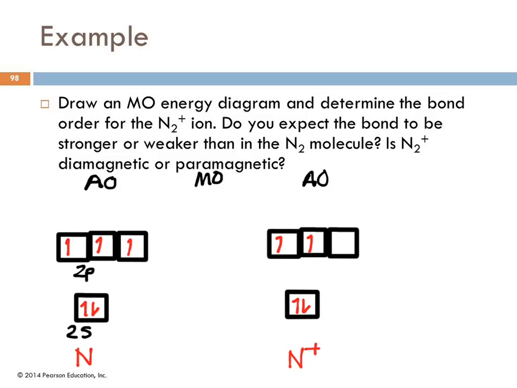So when the s orbitals overlap, what happens? We get 2 molecular orbitals, right? One is going to be bonding and one's going to be anti-bonding. And so this will be sigma star 2s, and this will be sigma 2s.